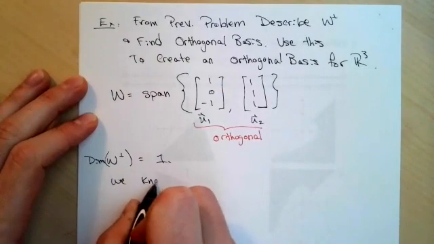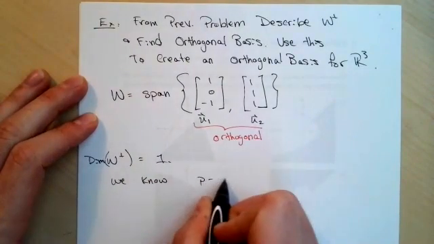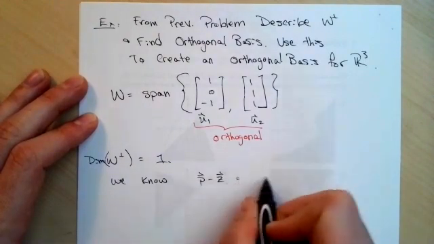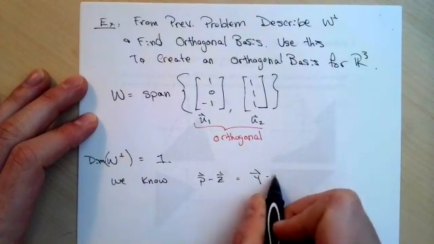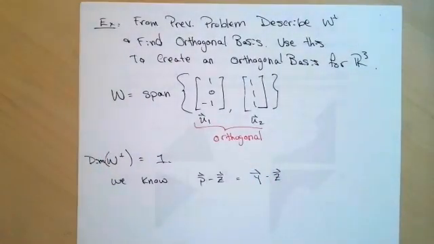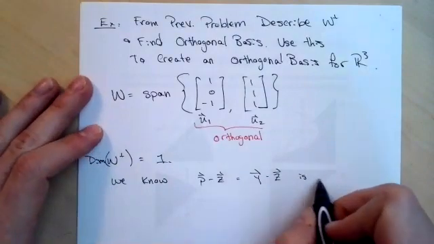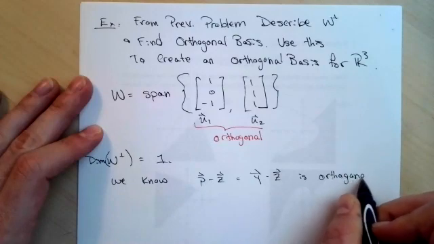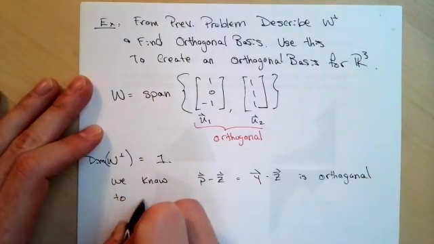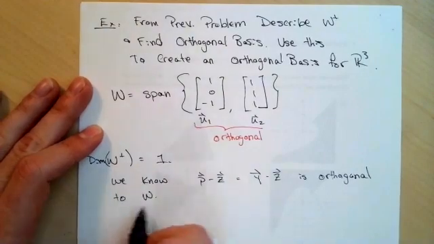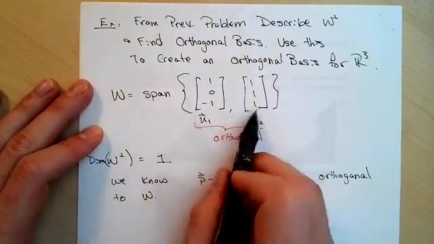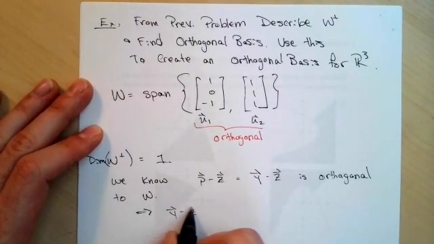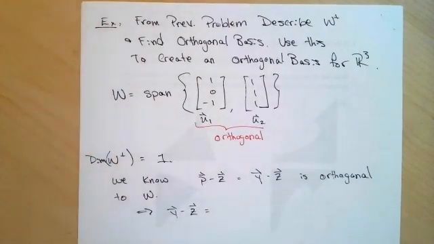We know from the previous problem, P minus Z, or I think I used Y to represent the vector of P, is orthogonal to W, meaning it's orthogonal to both of those vectors, which implies that this Y minus Z, and so what vector was that?